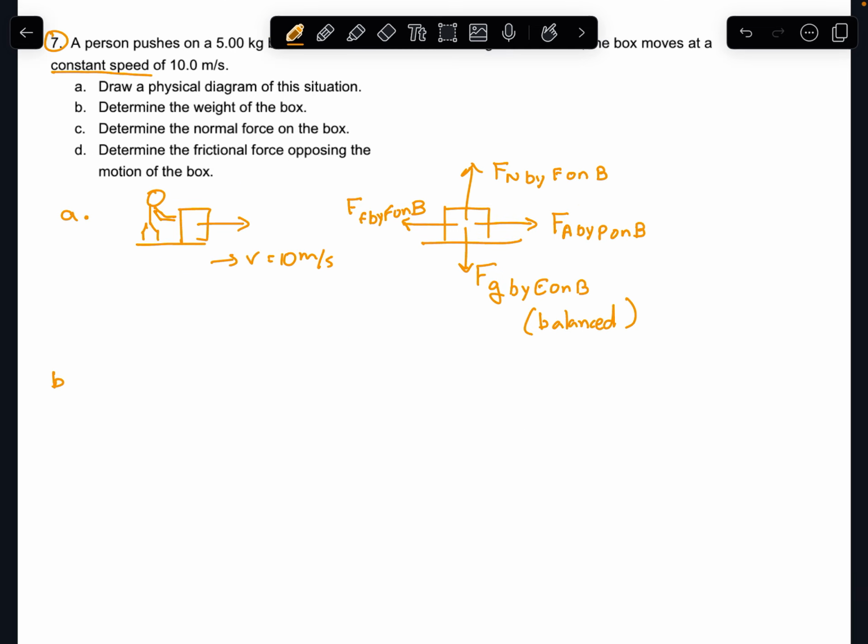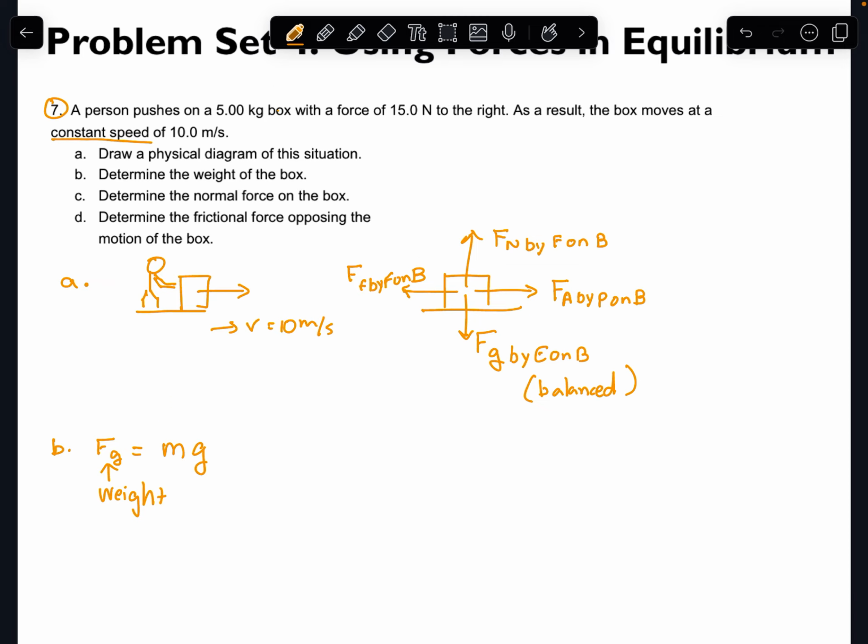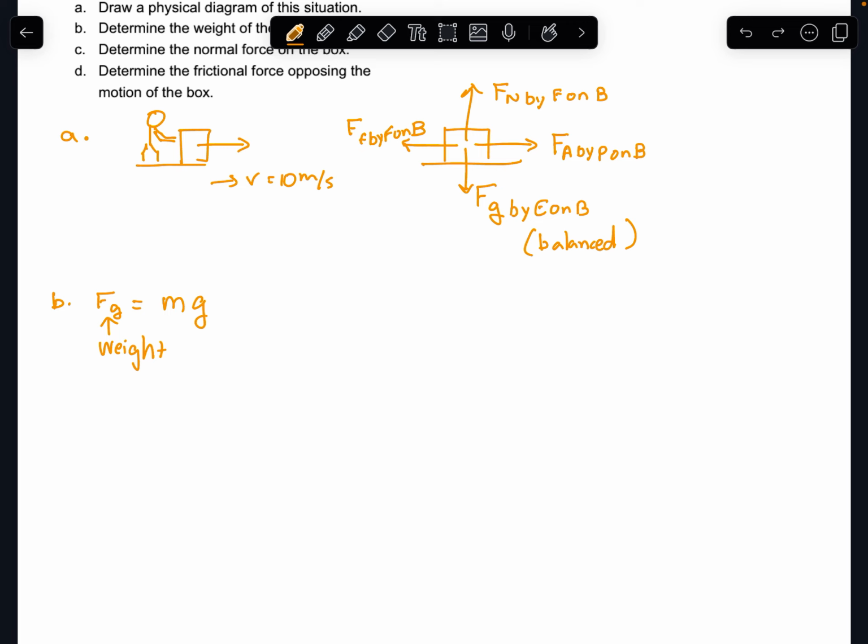Part B asks me to find the weight of the box. Weight is equal to mass times the gravitational field strength. Do we know the mass of this box? Oh yeah, 5 kilograms. Fantastic.